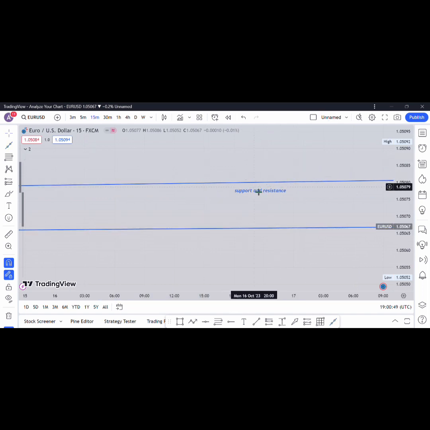So this is just a topic. I'm just going to be explaining what support and resistance is in very simple terms, that even a child can really know what support and resistance is.